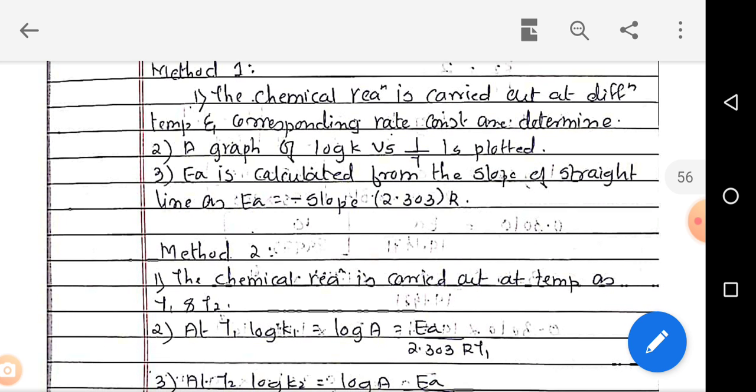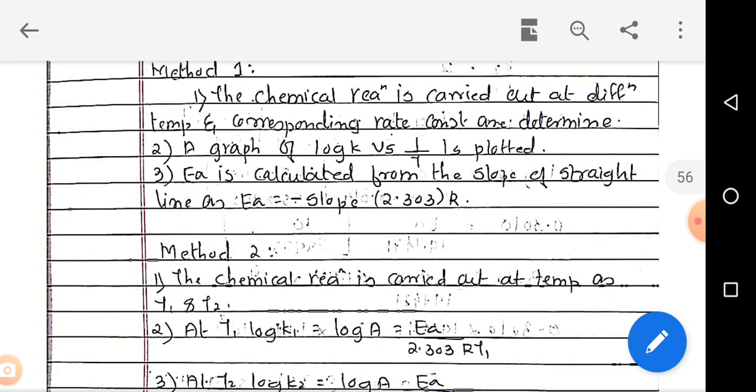Temperature is a form of energy. If you are providing temperature to the reactions, it is also energy, and this energy is gained by the reactant molecules. It increases its own energy and is converted into the transition state, and then losing this energy it is converted into the products.